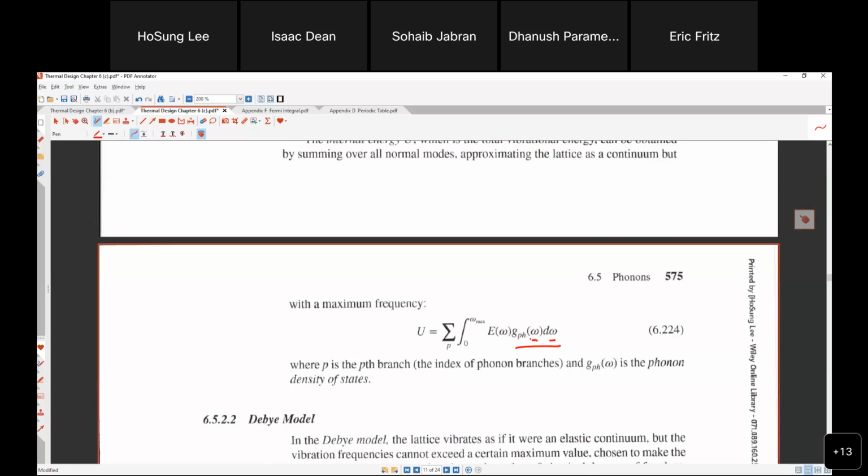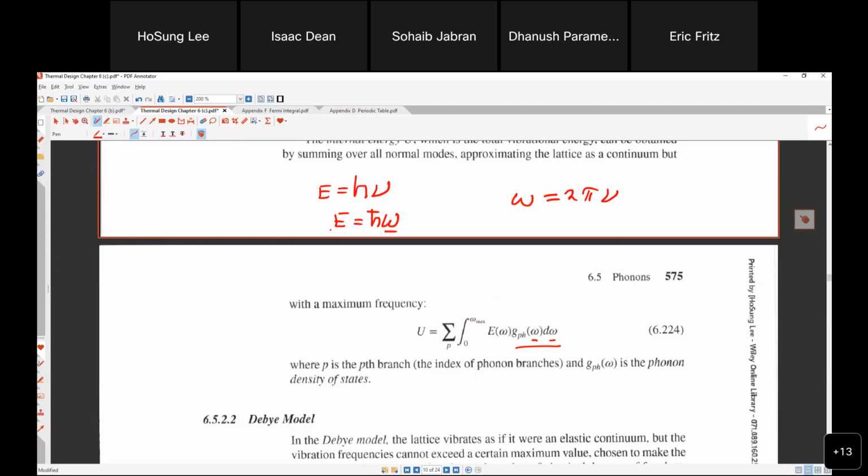Frequency is energy, right? So I think angular frequency is 2 pi times frequency. So the energy is h times frequency.